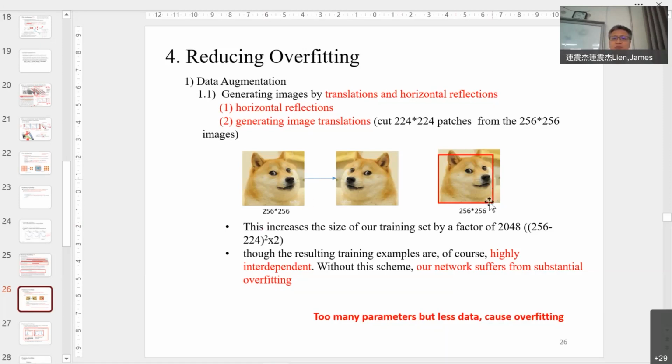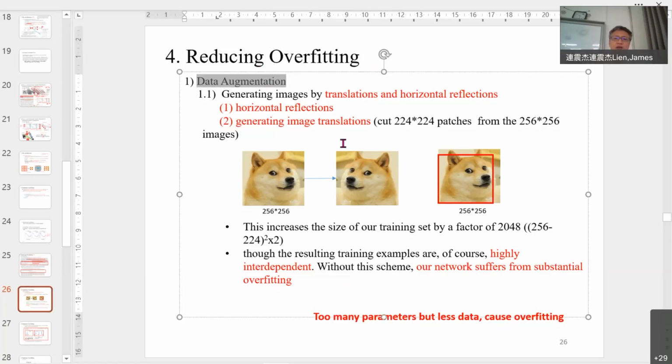Because they do the crop. So this small window will do the crop one top left, bottom left, top right, and bottom right, and the middle one. So one image can become 5 images. And flip again, so it becomes 10 images. You can do that way. This is augmentation.